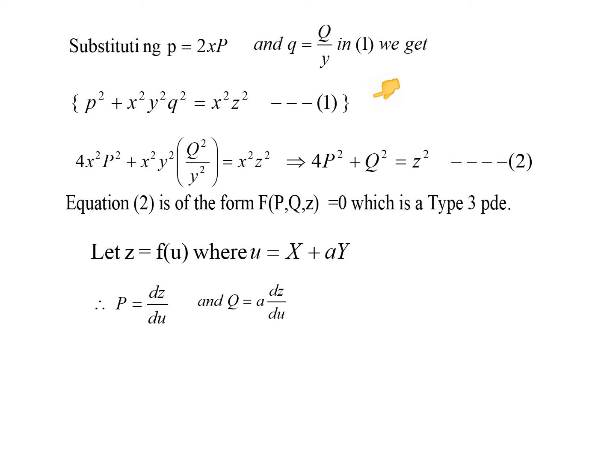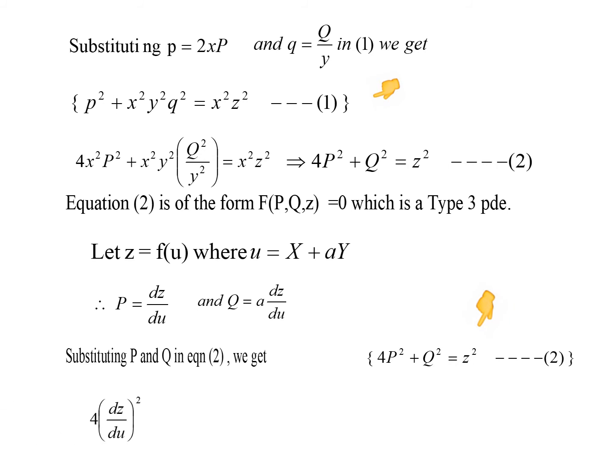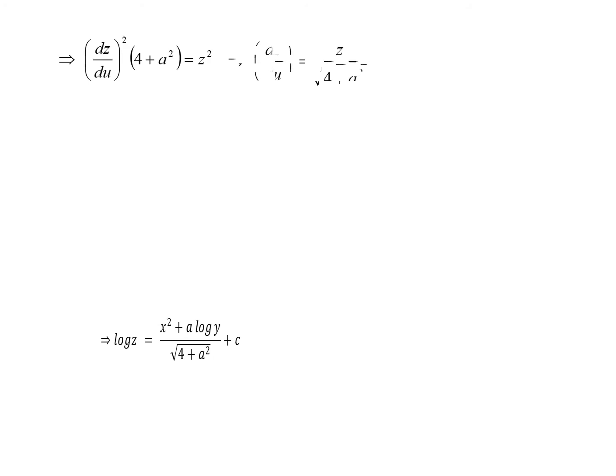So substitute these values in equation 2. So we have 4 into (dz/du) the whole squared, plus a squared (dz/du) the whole squared equal to z squared. So we get this equation, that is (dz/du) whole squared, if you take common, into 4 plus a squared equal to z squared.